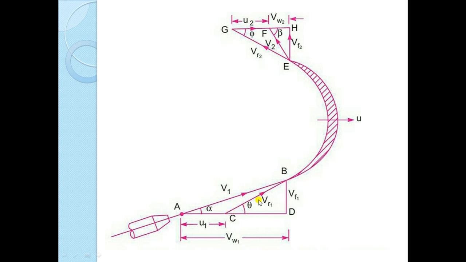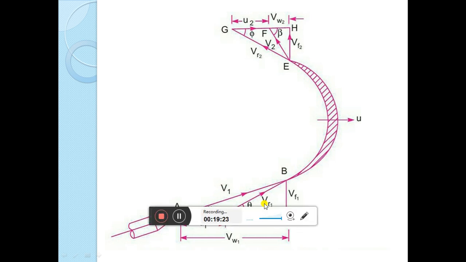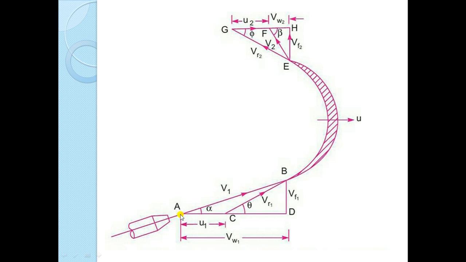So here BC represents the resultant of V1 and U1. So BC is nothing but the relative velocity. If loss of energy at the inlet due to impact is 0, then CB will be in tangential direction to the vane at inlet.